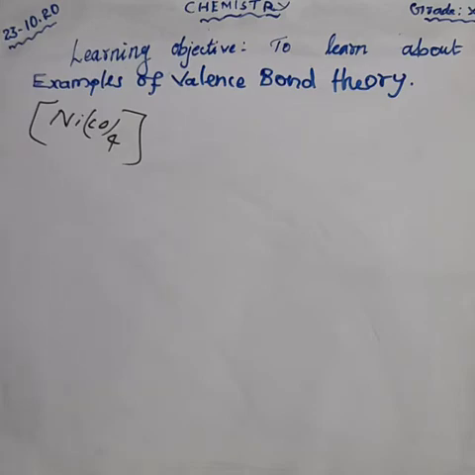Here we are going to discuss the nature of ligand, hybridization, coordination number, geometry, magnetic property and magnetic moment, by use of this VB theory, that is valence bond theory.